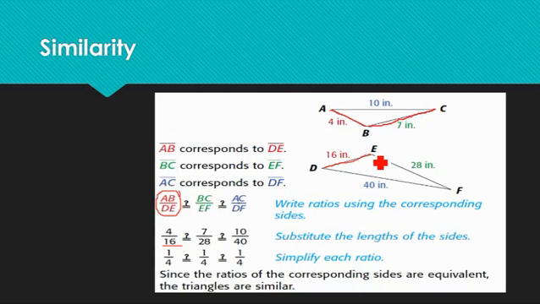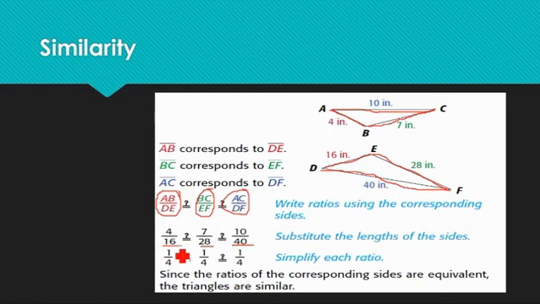So then we look at another pair of corresponding sides, BC and EF, which is 7 over 28. And then AC to DF, which is 10 to 40.